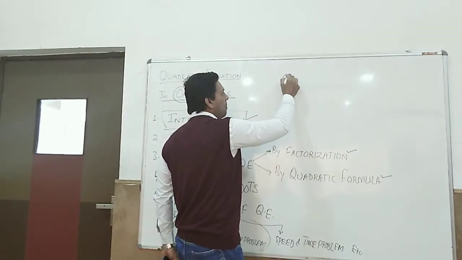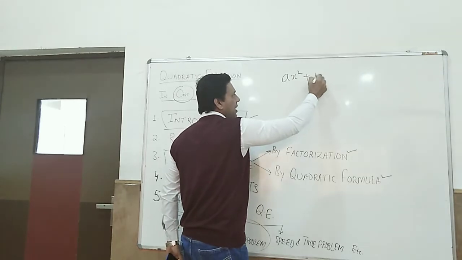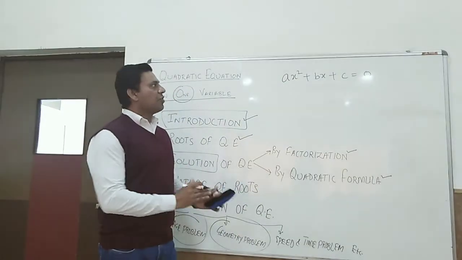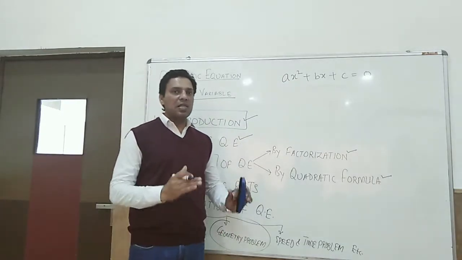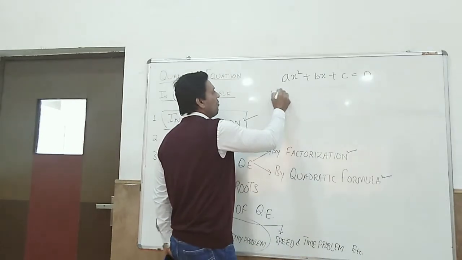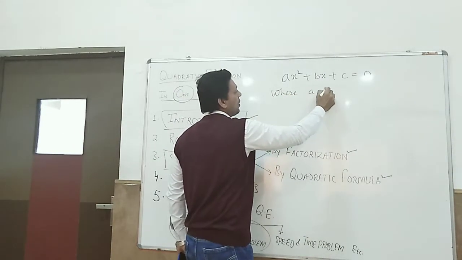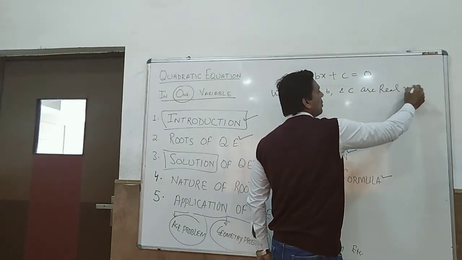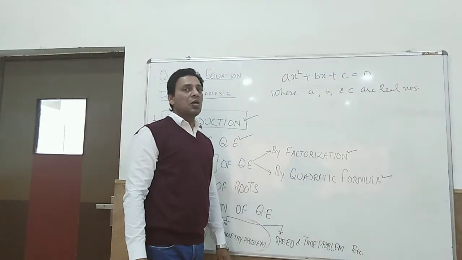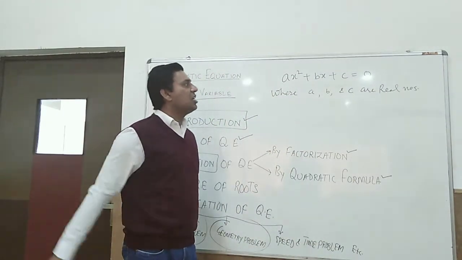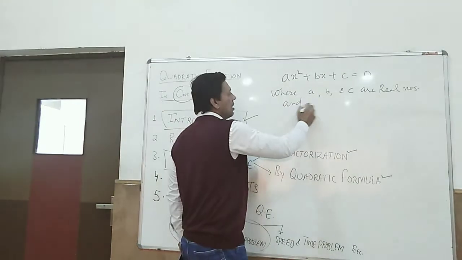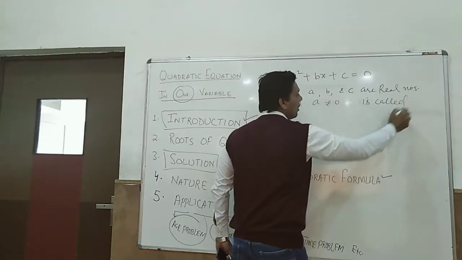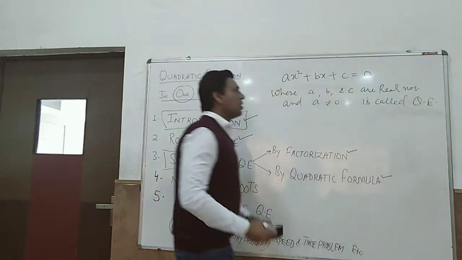An equation of the form ax square plus bx plus c equal to 0, where a, b and c are real numbers, and a is not equal to 0, is called a quadratic equation. This is the introduction of quadratic equation.